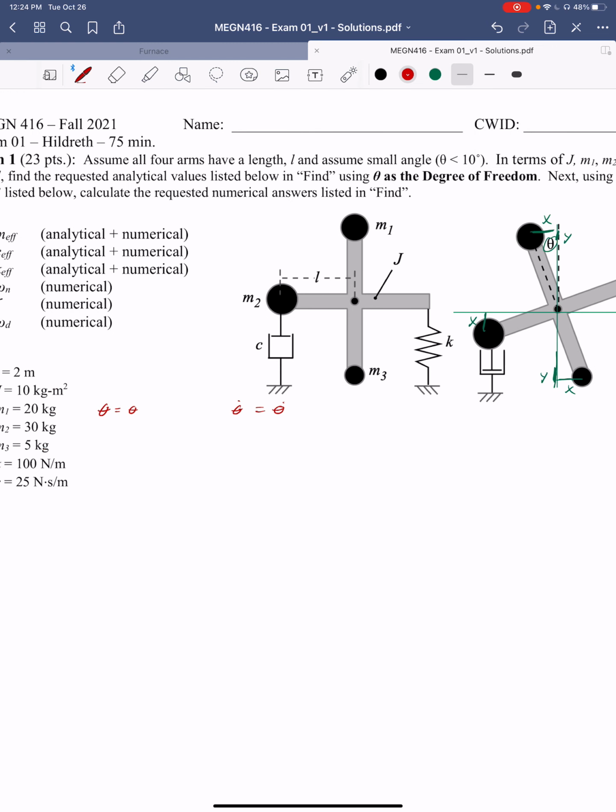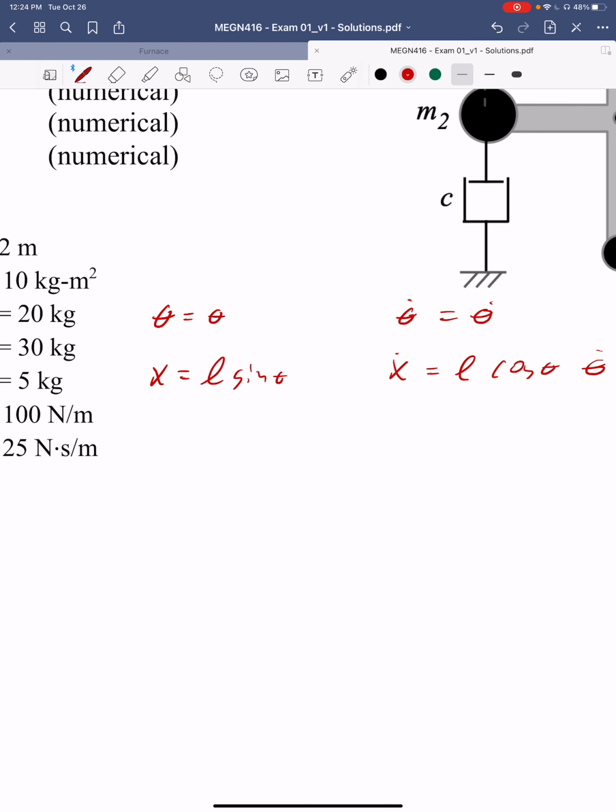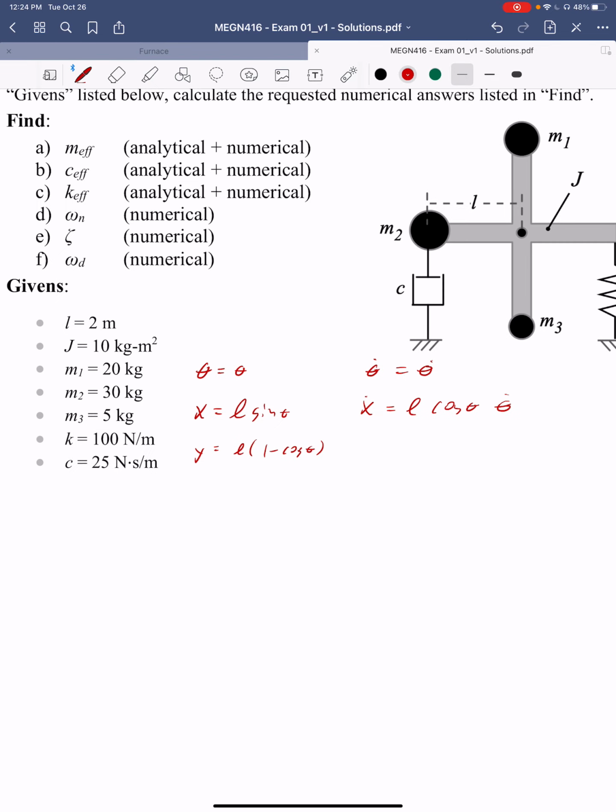So we have a displacement x up here, and that equals L sine theta, and then a velocity of x would equal L cosine theta, theta dot, if you take the derivative of this with respect to time and apply the chain rule. And we also have y is equal to L times (1 minus cosine theta). Okay, we've done that in class a bunch of times. So now we've finished step three.